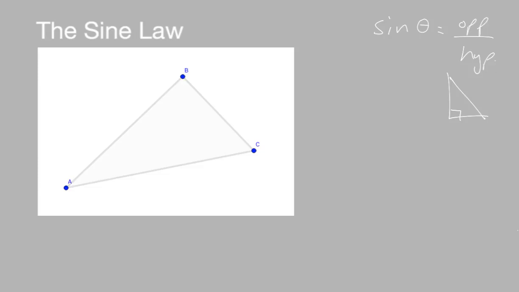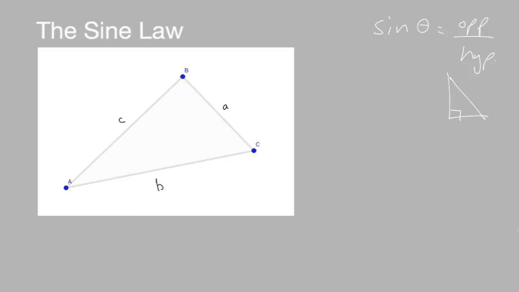So anyway, first of all, remember the convention for naming vertices and sides: when the vertices are named with capital letters, then we label the sides opposite them with the small version of those letters. So we have vertex or angle A, angle B, angle C, and we have side small a, side small b, and side small c.